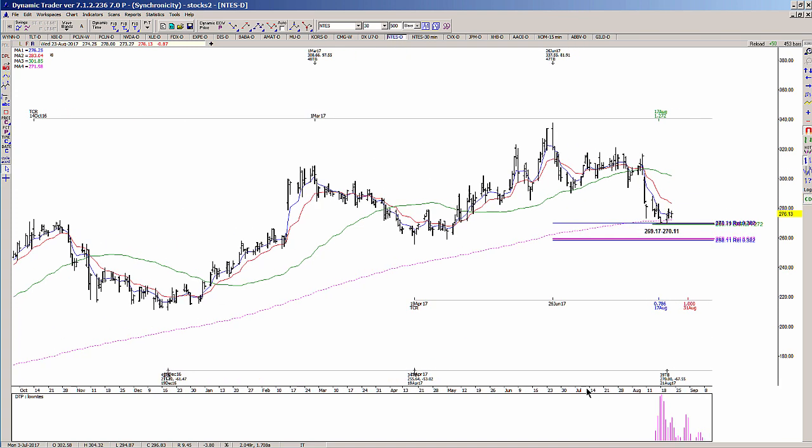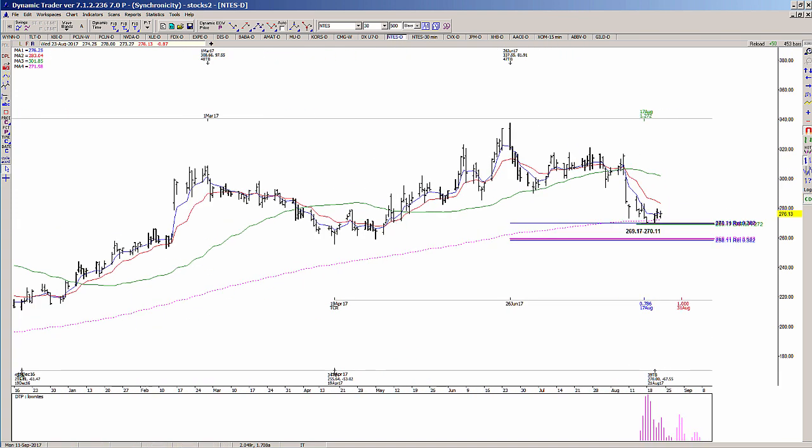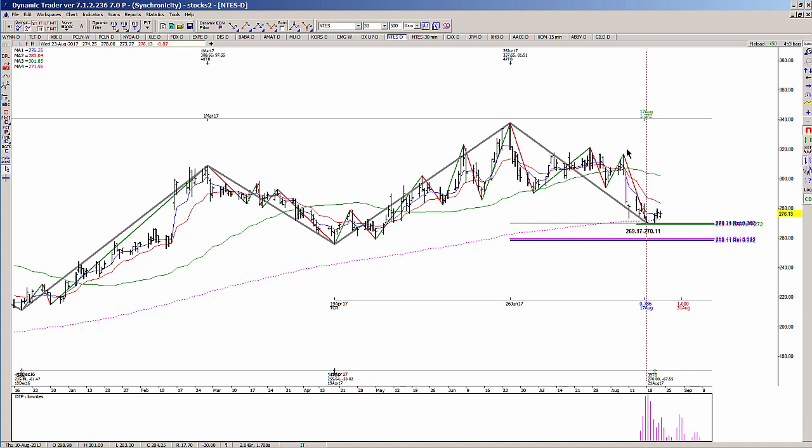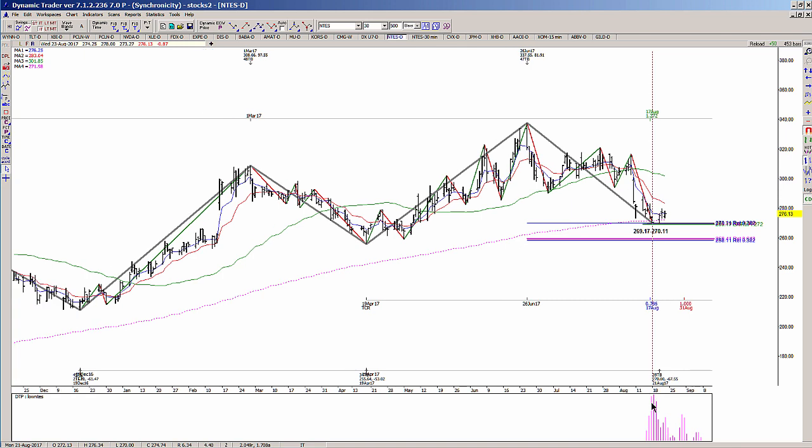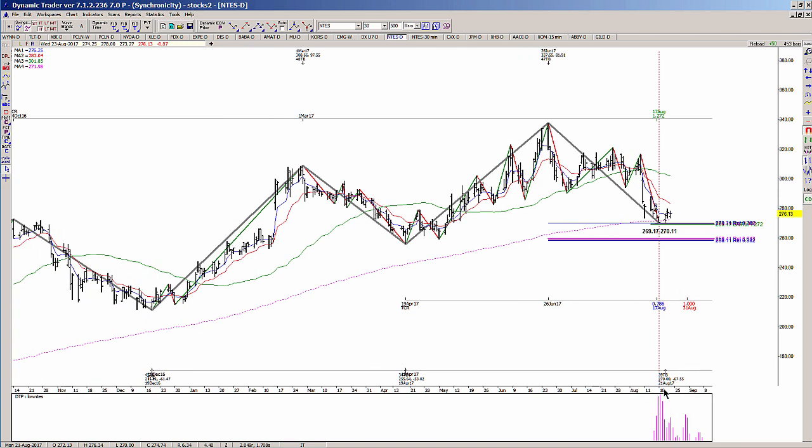Now, one of them is that I had some timing cycles for a possible low. I actually ran the cycles from this last high over here, and projected downwards for a possible low, and you can see that we have some standout bars on the histogram.